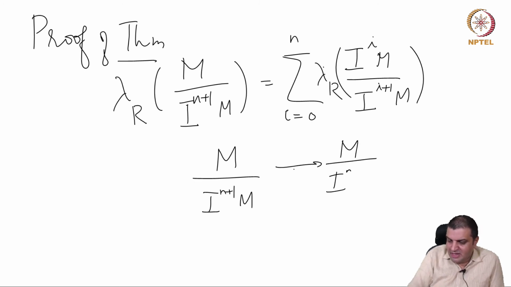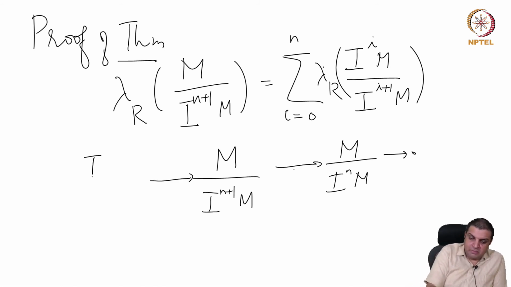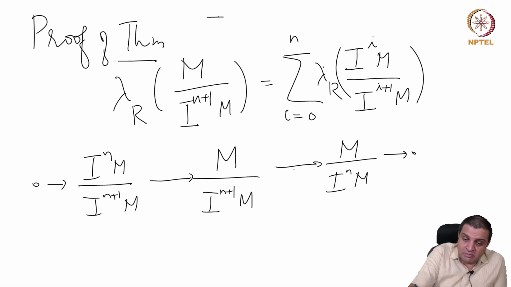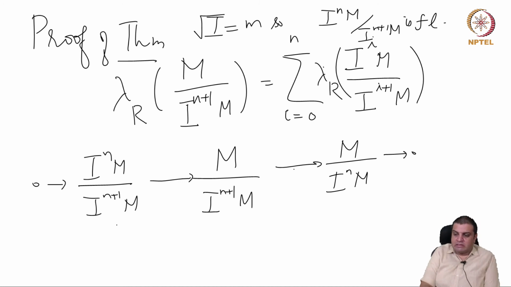I^n M is bigger than I^(n+1) M. So therefore, there is this surjective map, and the kernel of this map is I^n M modulo I^(n+1) M. Recall that in the theorem I is M primary. So I^n M mod I^(n+1) M is finite length. So we can talk about length, and then by induction this is equal to the corresponding sum all the way up to n minus 1, and then for n we add this, we get the length of this thing.